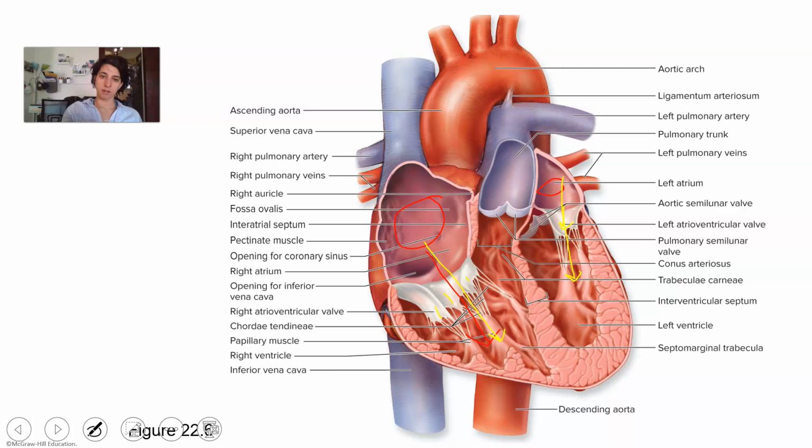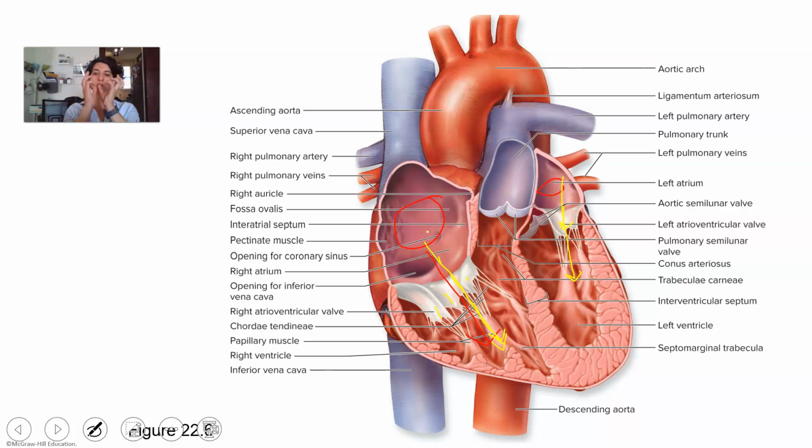So these valves are one-way valves. When you continuously fill the ventricles, once the ventricles are full, the valves flap up and shut the passageway between the atria and the ventricles.